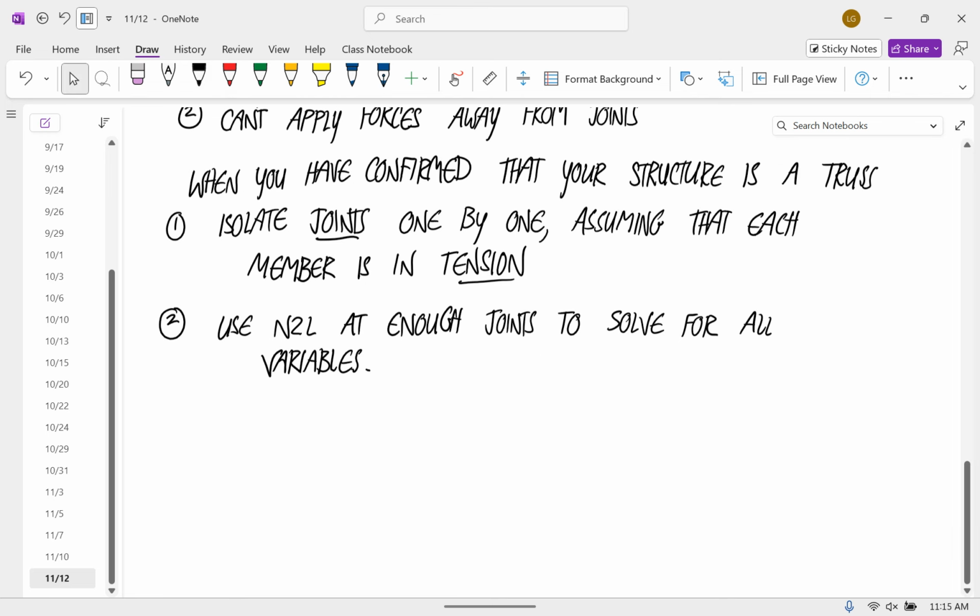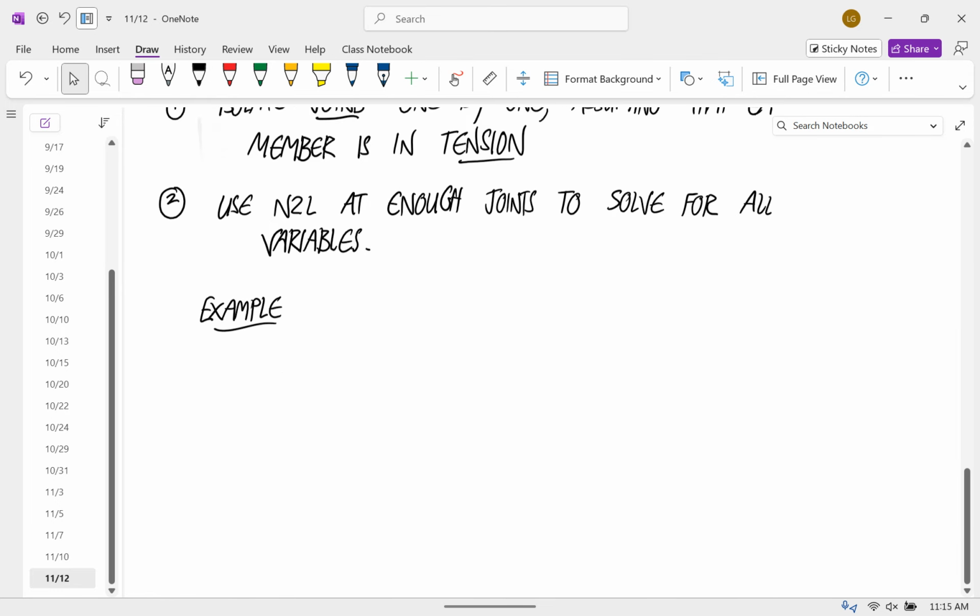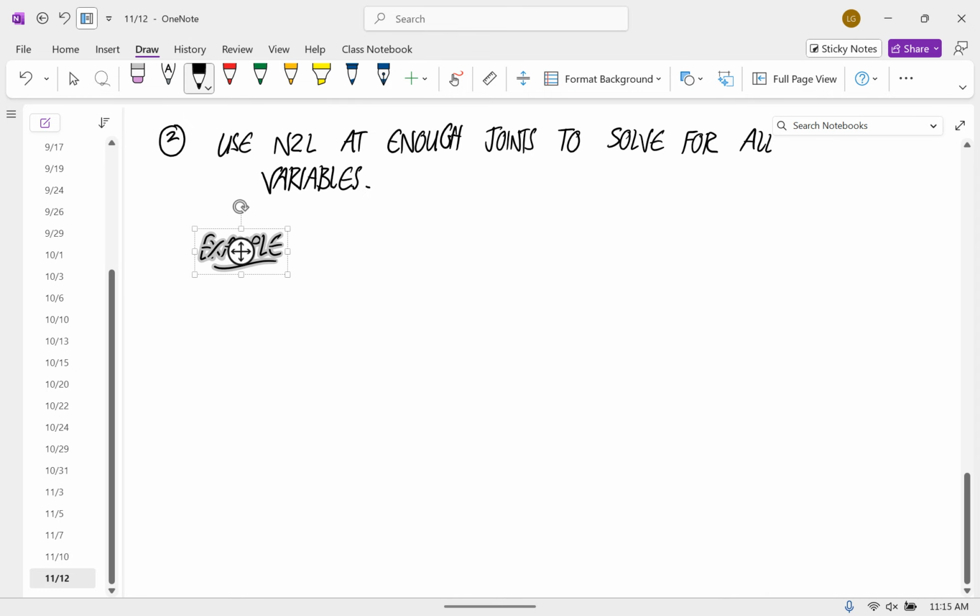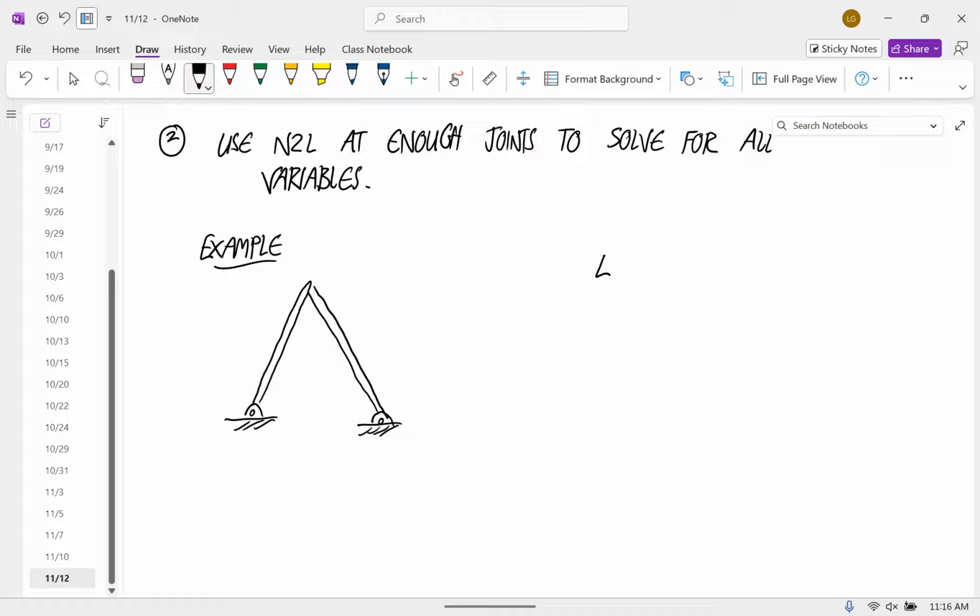Okay, so let's do an example. Let's say we have a triangle, and the lengths of each of these members are 2 meters.